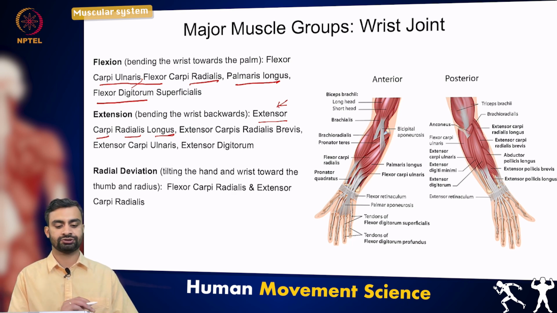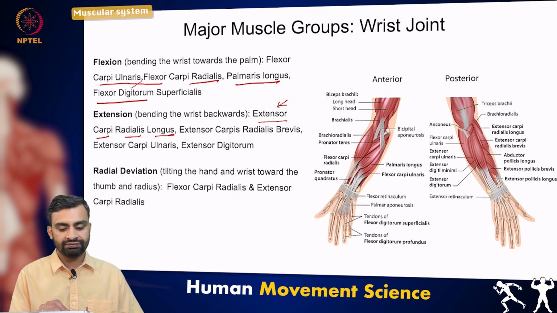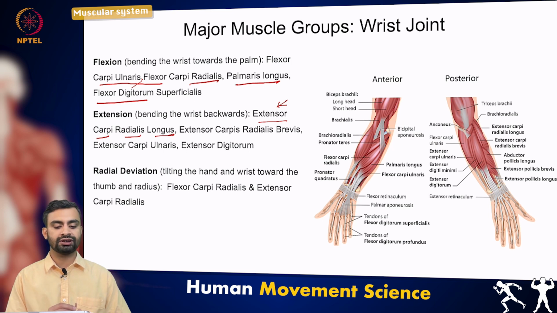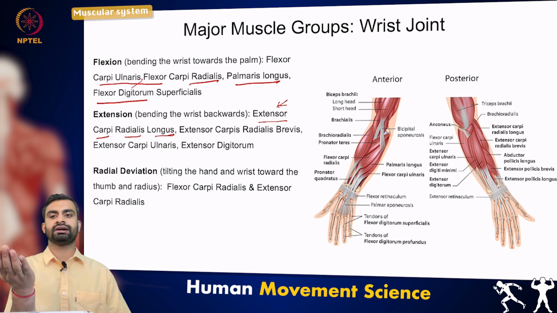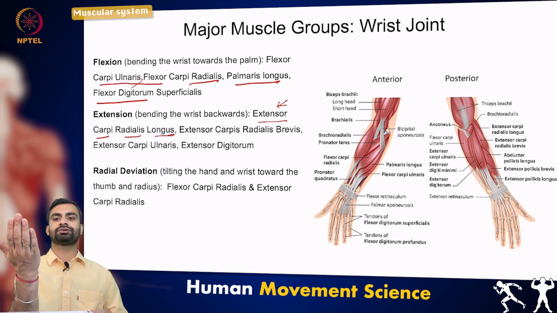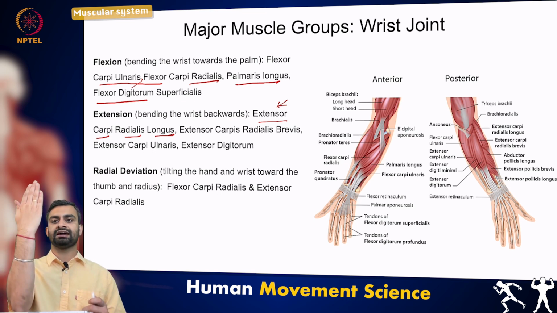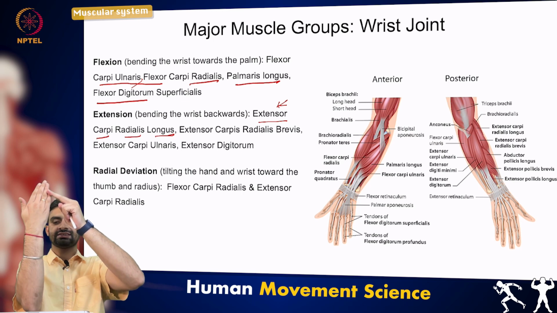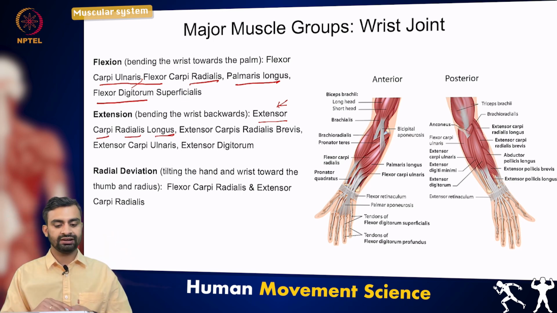We also have radial deviation, where the hand and wrist tilt toward the thumb and the radius. So this is the radius bone, this is the thumb. If this hand is straight and I'm moving it this way, it is called radial deviation.